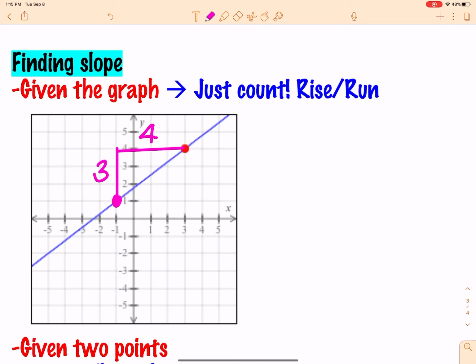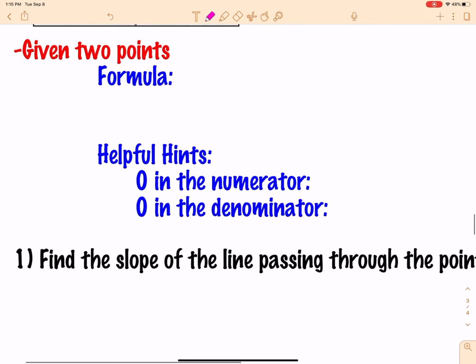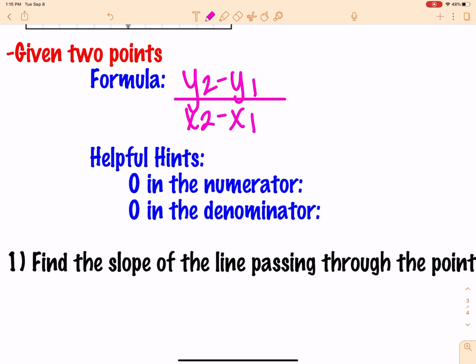So that means my slope is 3 over 4. We all know that. But what we're going to give as a formula is a slope formula. So if you remember from Algebra 1, it's y2 minus y1 all over x2 minus x1.